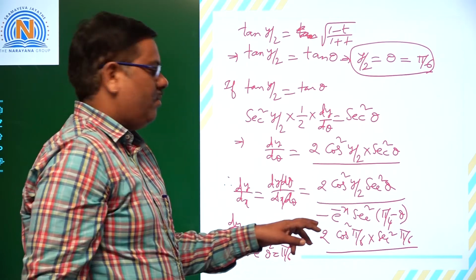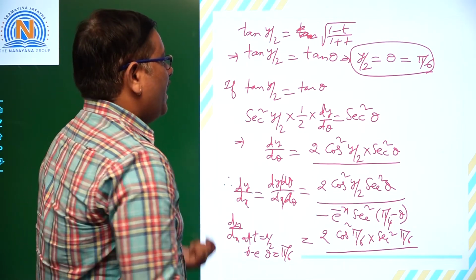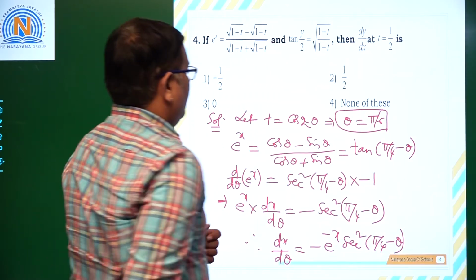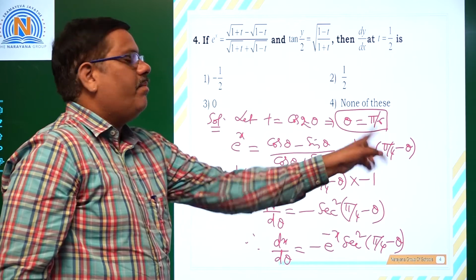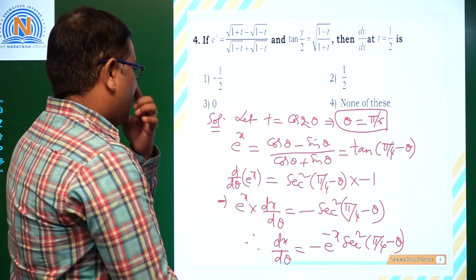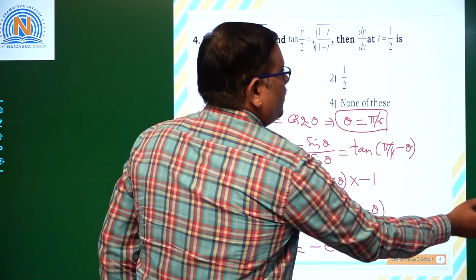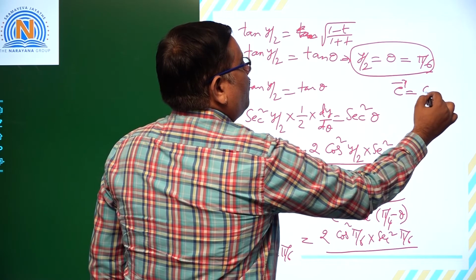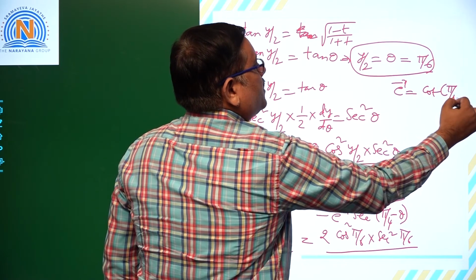What is the value of minus e power minus x? We can see e power x is tan of pi by 4 minus theta. If e power x is tan of pi by 4 minus theta, what is e power minus x? E power minus x is going to be cot of pi by 4 minus theta.